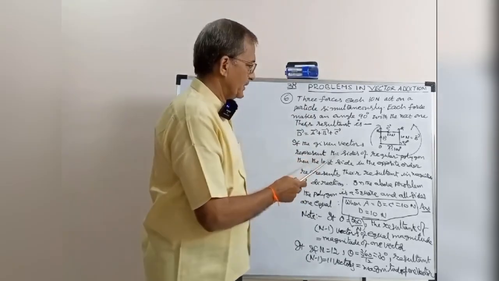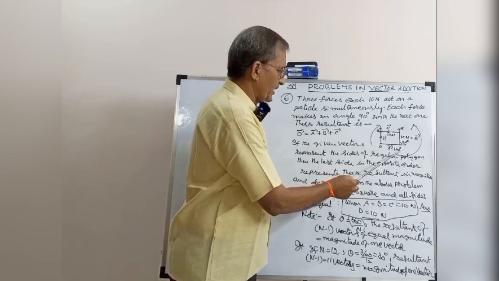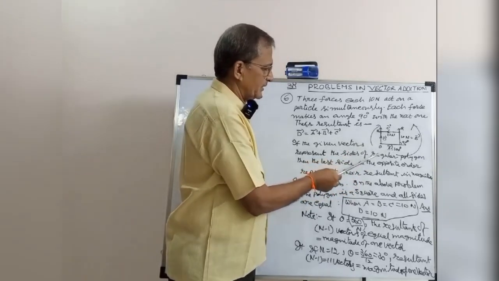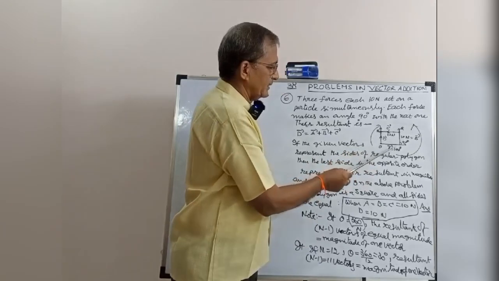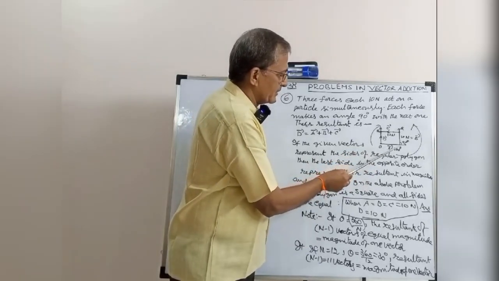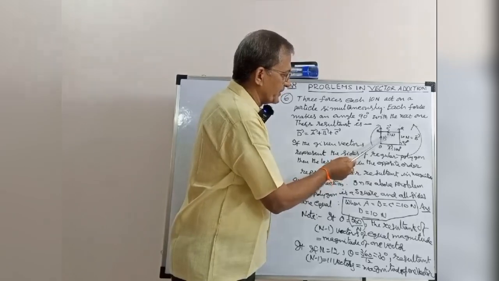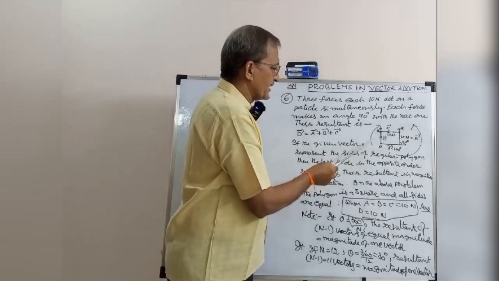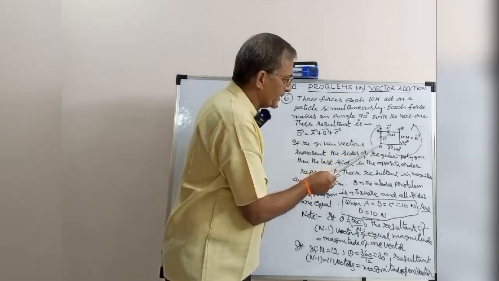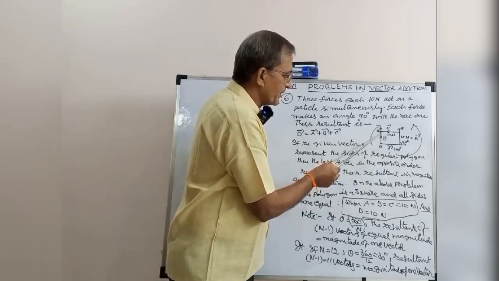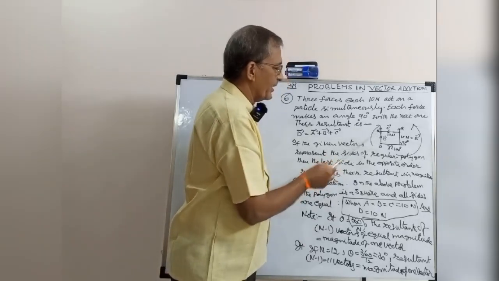Let us see. So, A bar is 10 Newton, B bar is 10 Newton, C bar is 10 Newton in the anti-clockwise order, and B makes 90 degrees with A and C makes 90 degrees with B, and the last side, obviously the fourth side, is also making 90 degrees with the A bar.